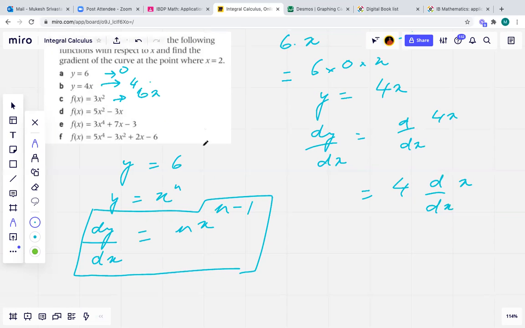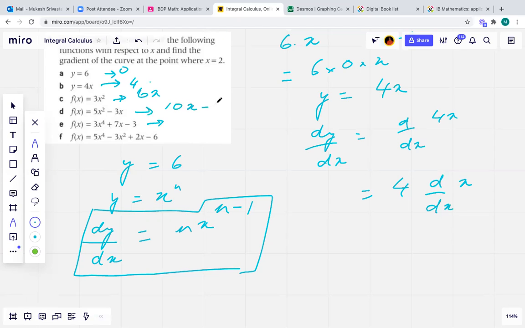Brilliant. This one: 3x to the power 4 minus 7x plus 3.